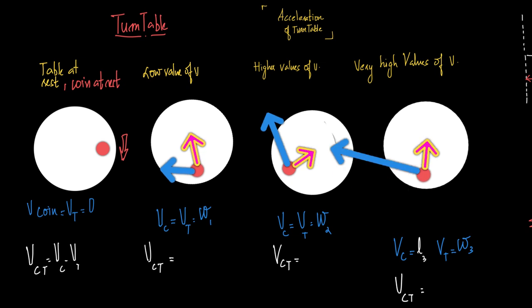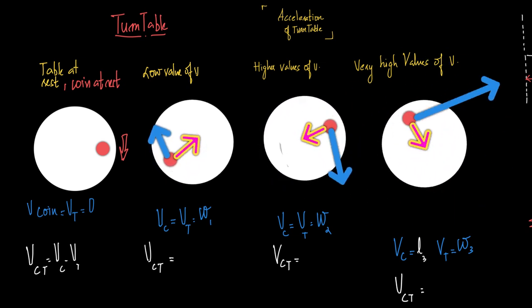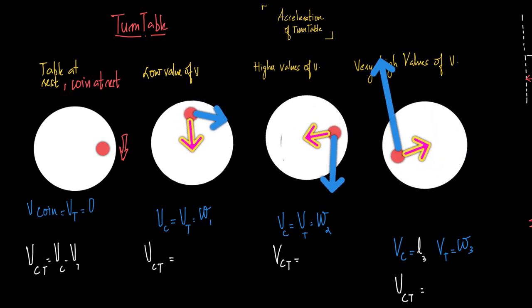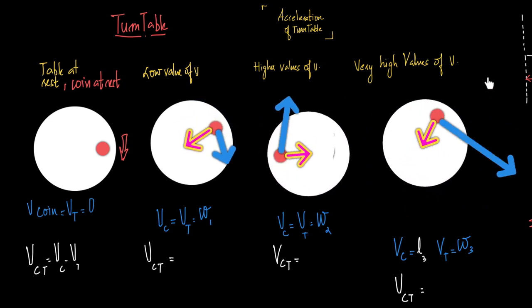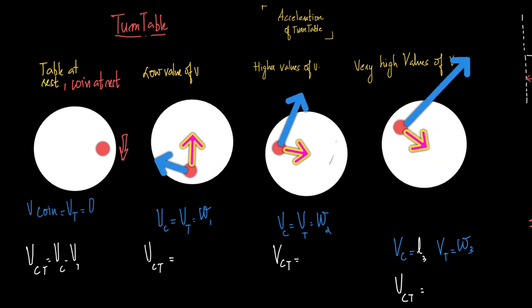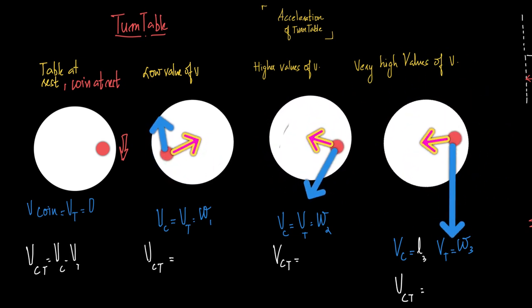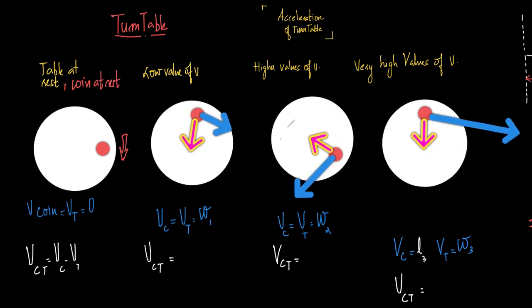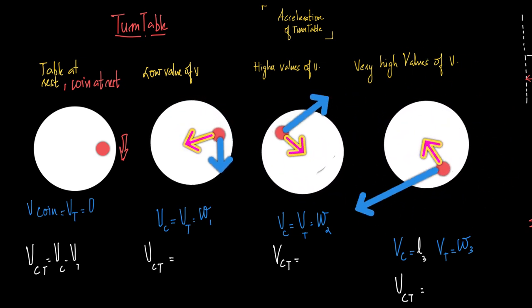For even higher values of v, at some point the velocity vector would overcome the centripetal force. Or rather, the motion due to the linear velocity will overcome the angular velocity. I hope this much is clear.